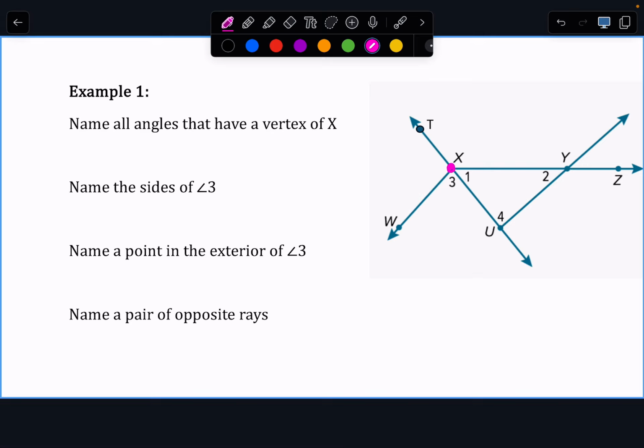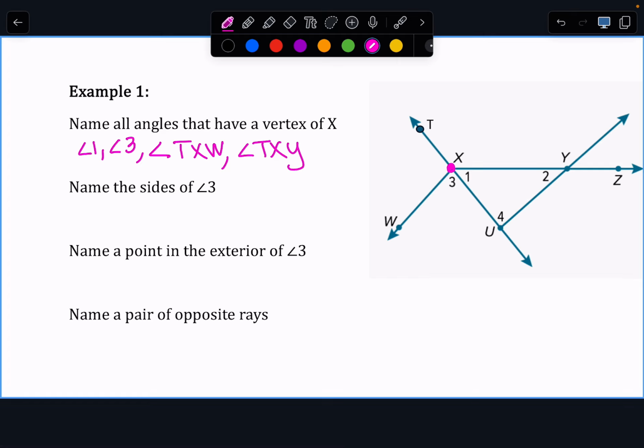Okay. So angle 1 has a vertex of X. Angle 3 has a vertex of X. Are those the only ones? We could name TXW. That sounds tough. TXY. TXW. That's just a tough angle. I didn't know there's such a thing as tough angles. Yeah. Angles are tough.